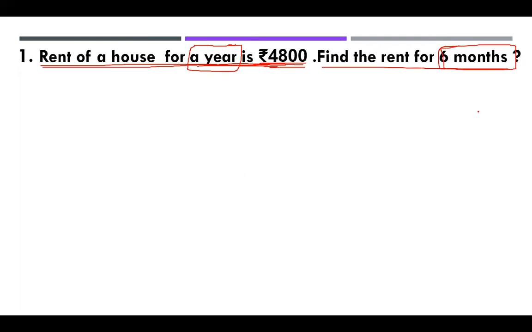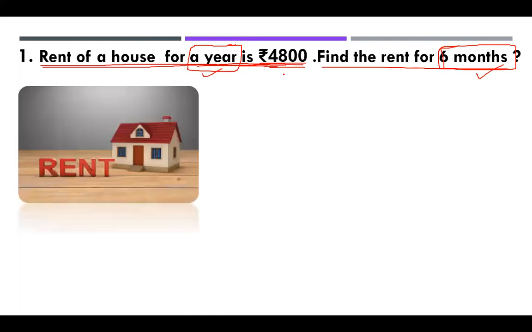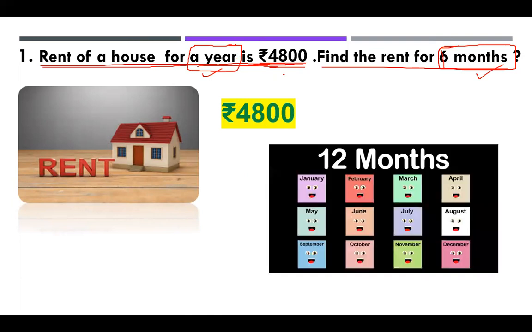Here the question is in years and we need to find the answer in months. So we have to use a relationship between year and months over here. So basically the rent of the house is rupees 4800, and you know that 12 months makes 1 year, as you know that there are 12 months, right? 12 months is equal to 1 year.